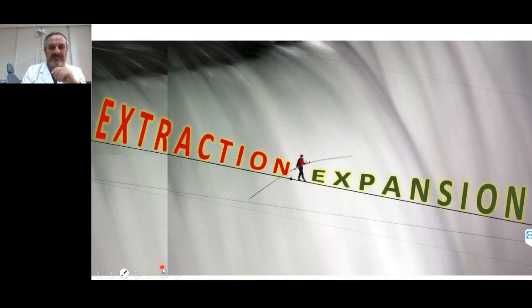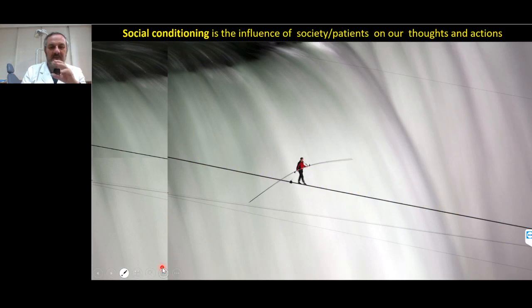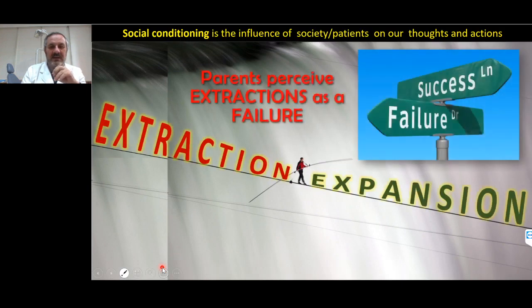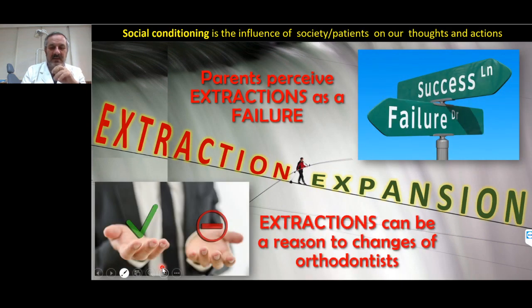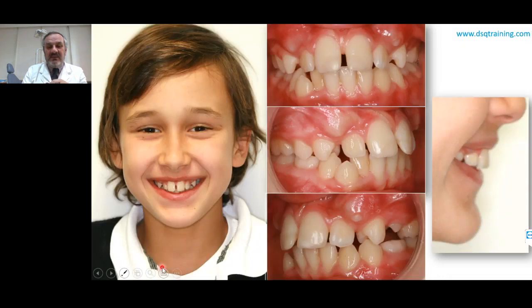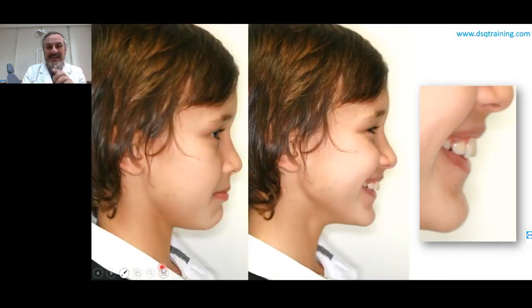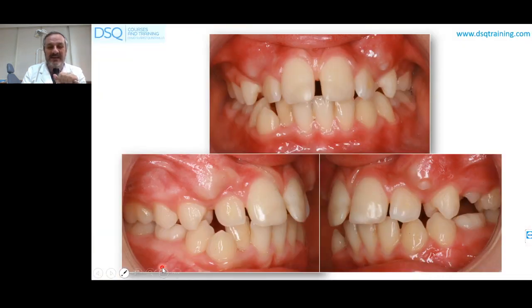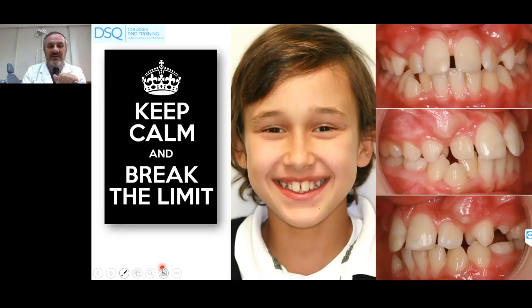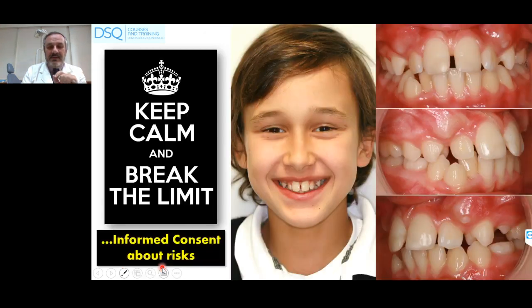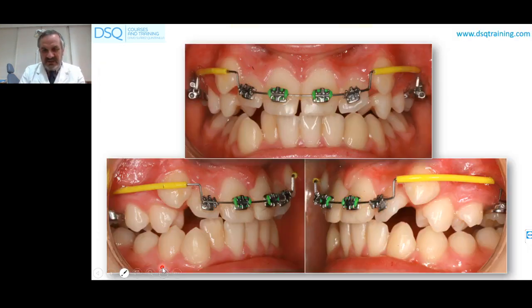In many cases, it's very difficult to decide between the extraction and the expansion. I talked about this in the first webinar: extraction can be a reason to change the orthodontist. In cases like this, a patient with severe crowding, we start the treatment and inform about the risk of treating this patient without extractions.